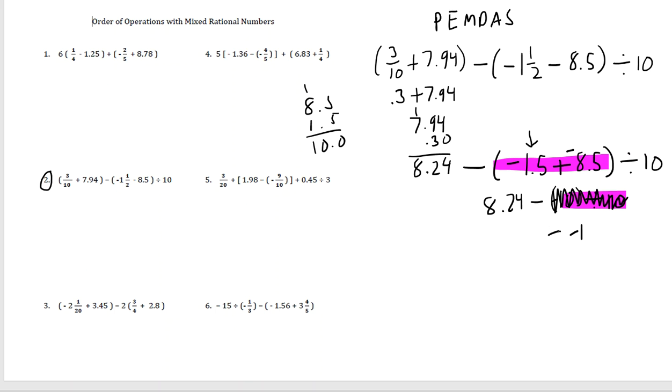We still have this subtraction, and we have 8.24. So now, last step, 8.24 subtract a negative 1 becomes 8.24 plus a positive 1, and 8.24 plus 1 would be 9.24. Final answer.